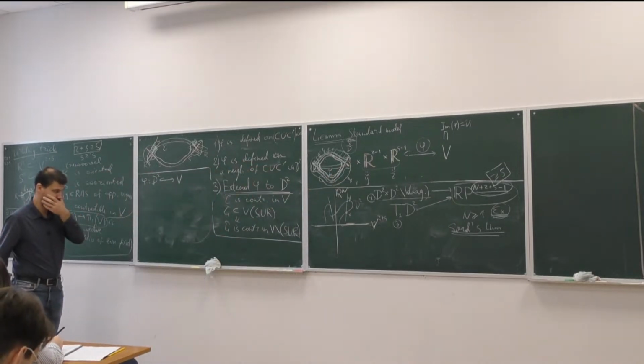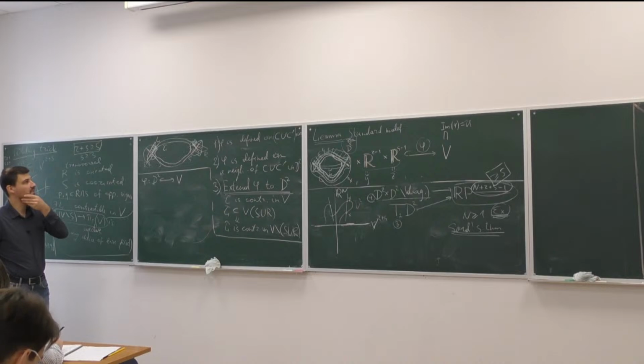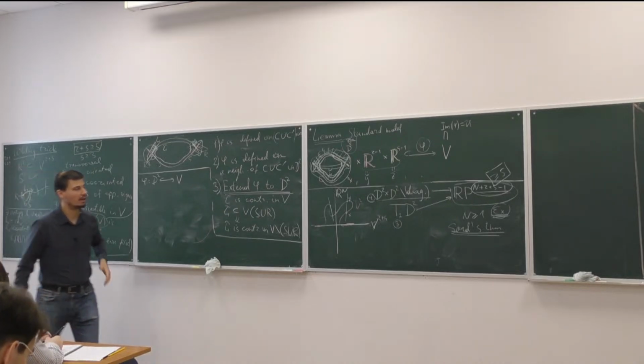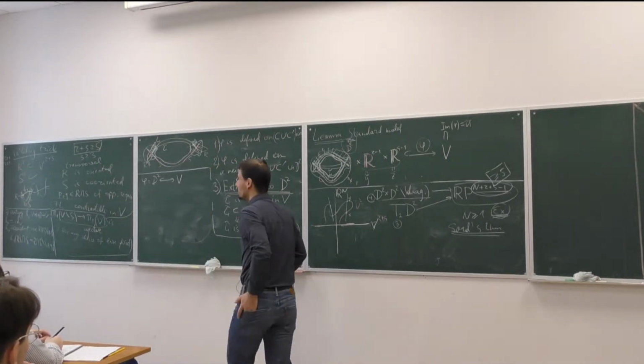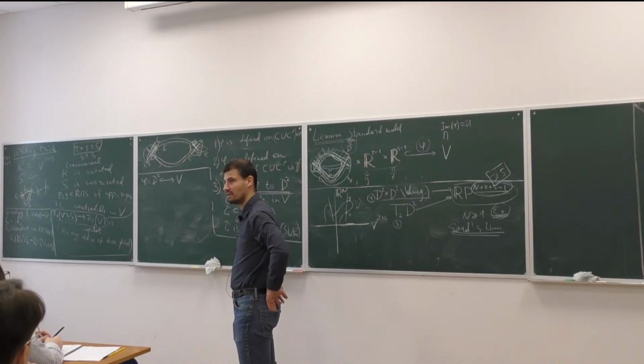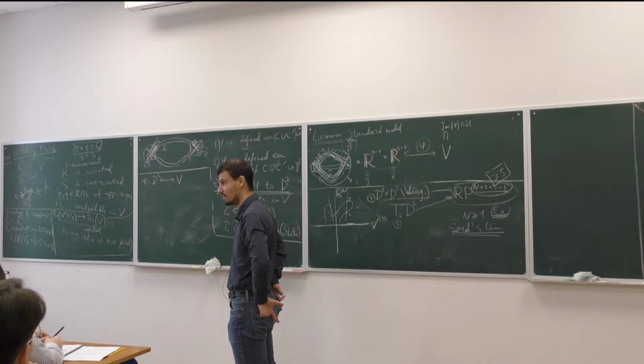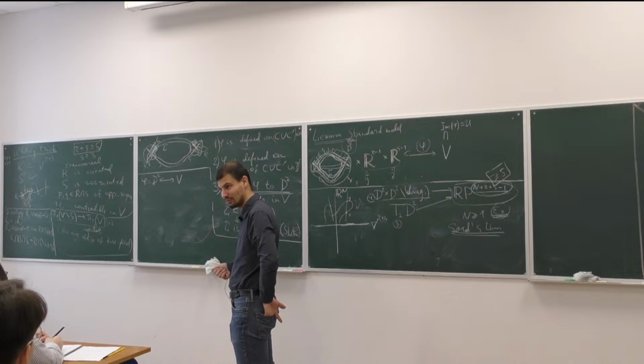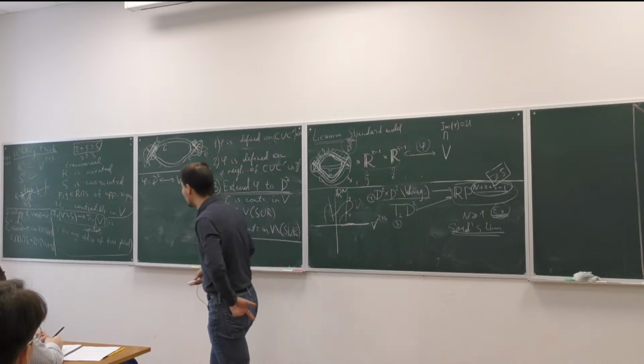What would we do next? Next, we would like to extend it. We still didn't use one of the conditions of the theorem, which is very important. Without it, the theorem is not true.